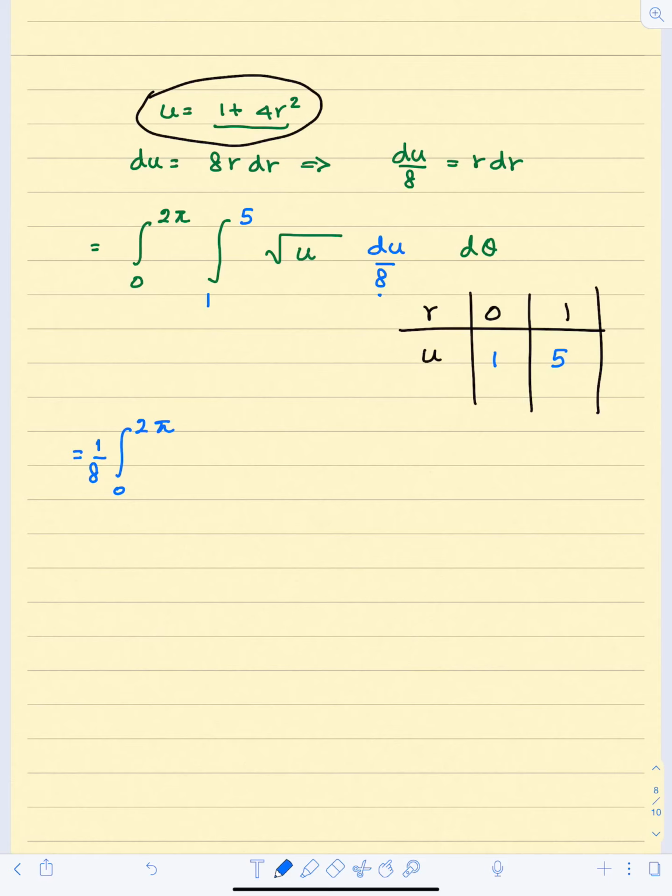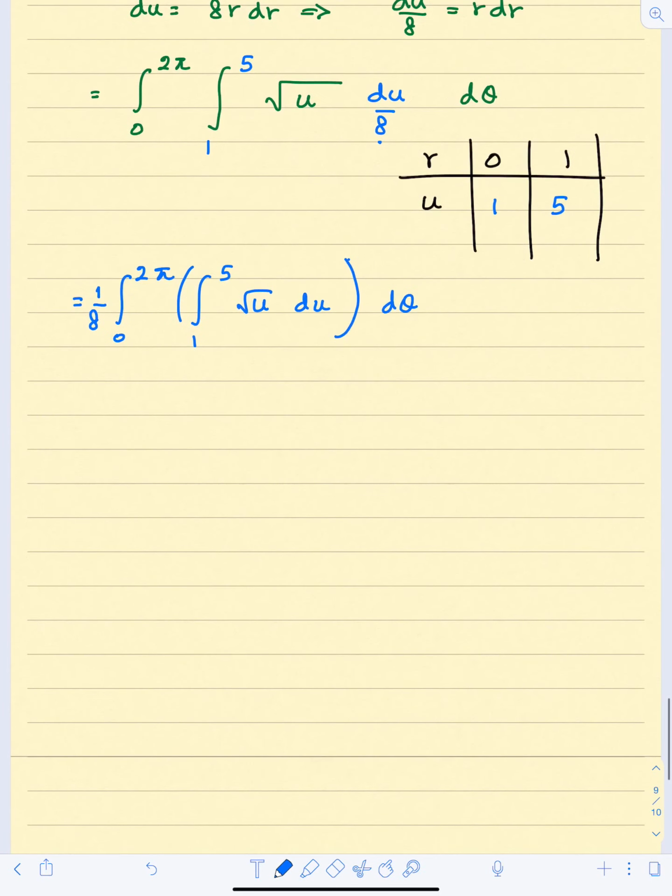So now you have the inner integral that goes from 1 to 5 of root u du d theta. The integral of square root u should be u to the power 3/2 over 3/2, because this is u to the power 1/2.